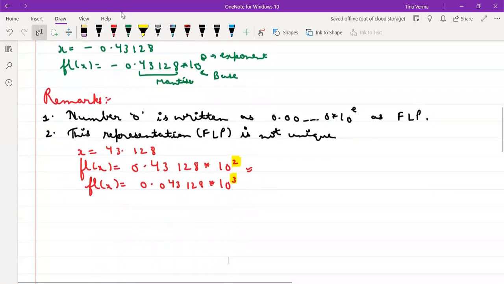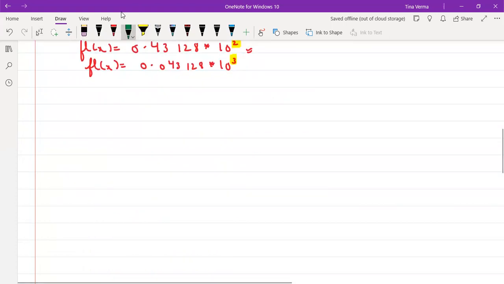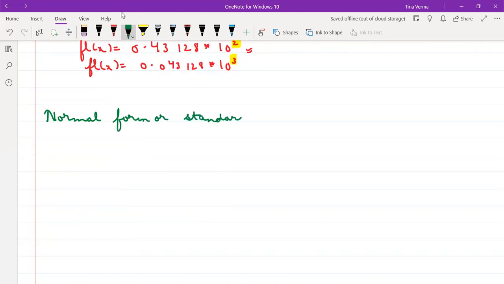So to represent it in a unique way, what we can do is the normal form, or we can say the standard form. So what is your normal form or standard form?